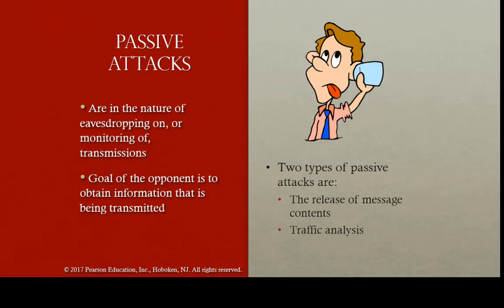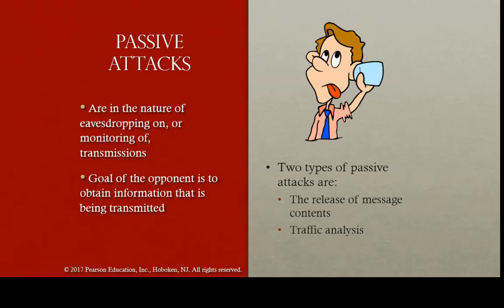If we had encryption protection in place, an opponent might still be able to observe the pattern of these messages. The opponent could determine the location and identity of communicating hosts and could observe the frequency and length of messages being exchanged. This information might be useful in guessing the nature of the communication that was taking place.